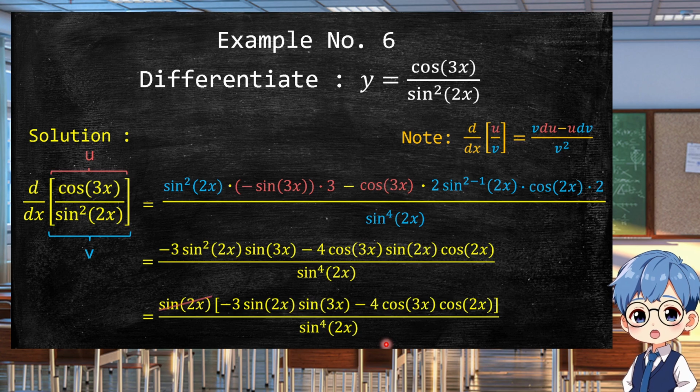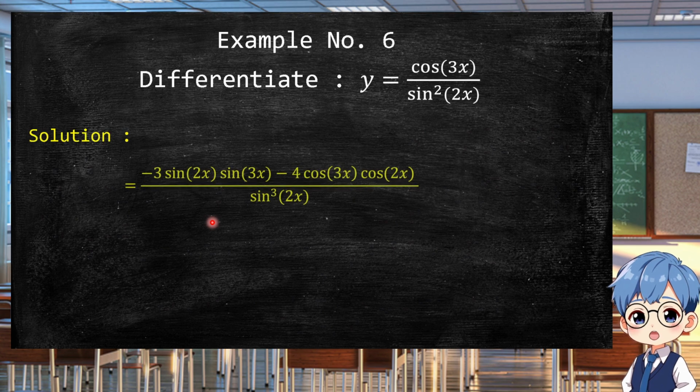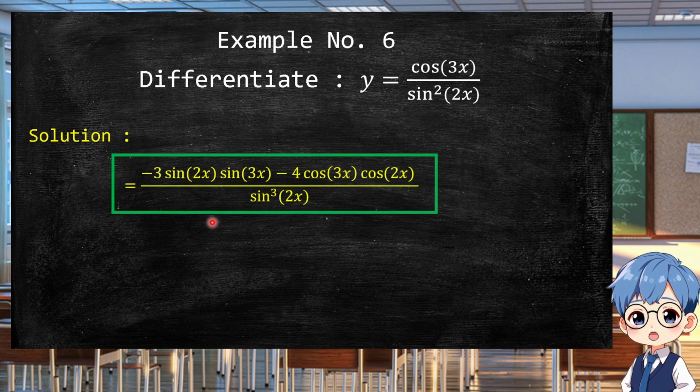So we can cancel out sine 2x, and this becomes sine cubed 2x in the denominator. So the final answer is negative 3 sine 2x sine 3x minus 4 cos 3x cos 2x all over sine cubed 2x.